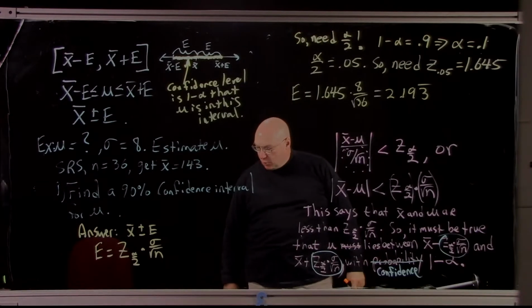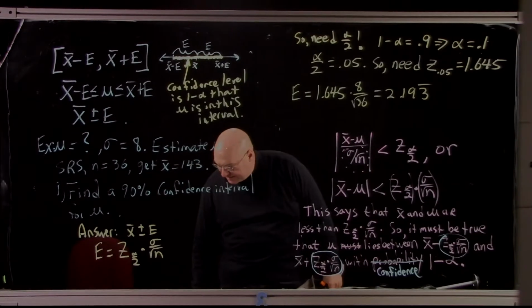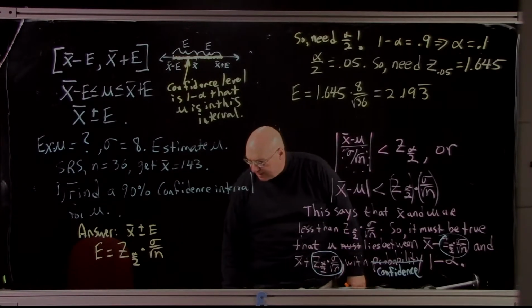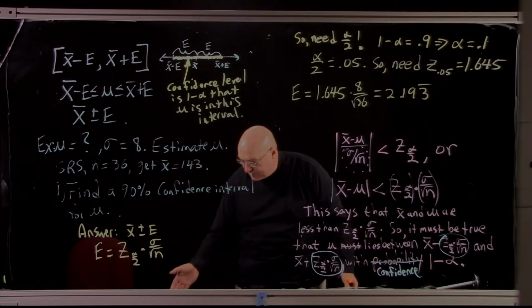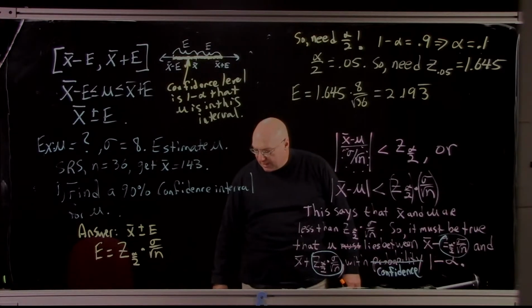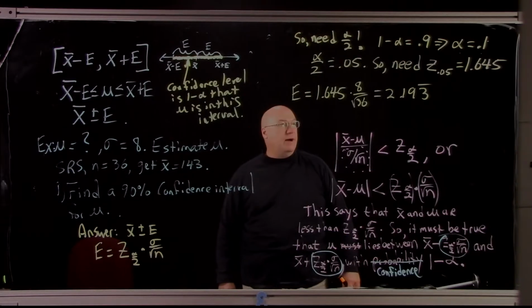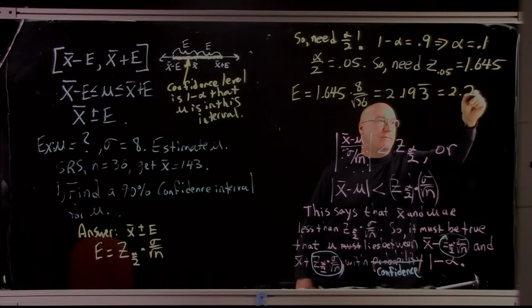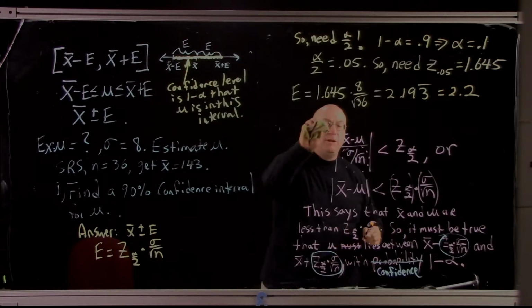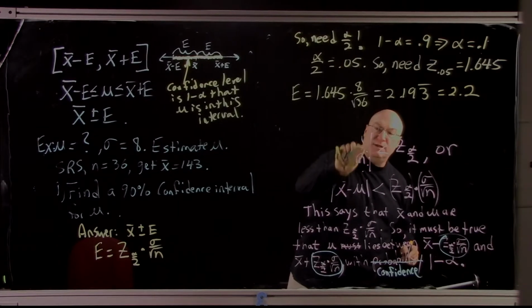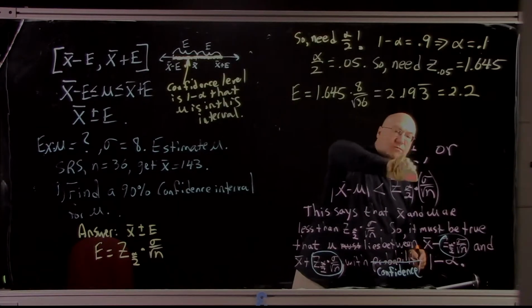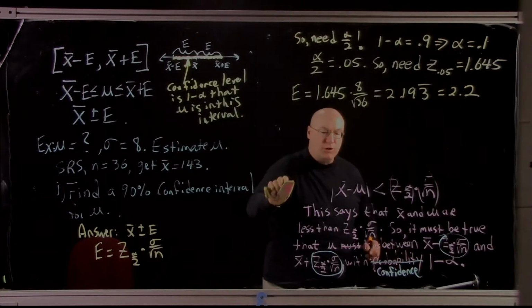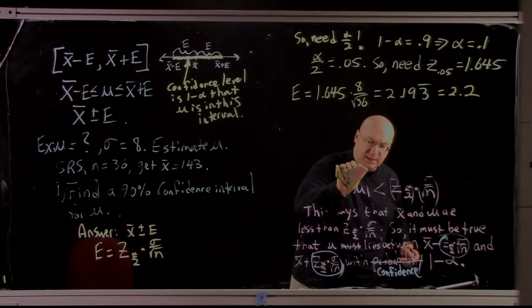Since my data is to the nearest integer, I should probably only compute this to the nearest integer, but I'm going to round it to the nearest tenth. Typically, you'd round to one more digit than the data, which is just kind of a standard.